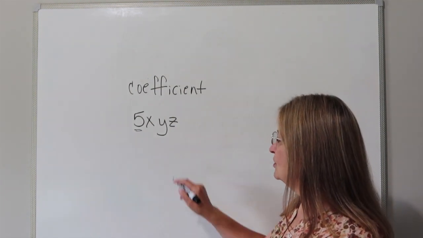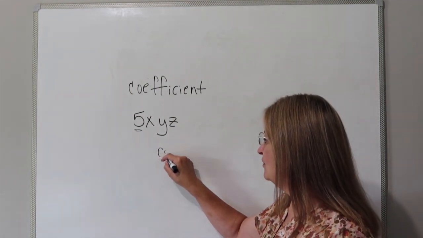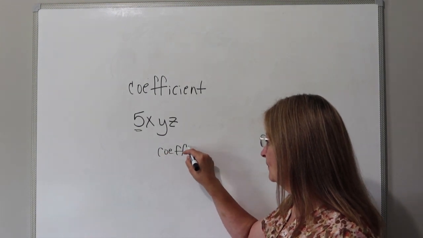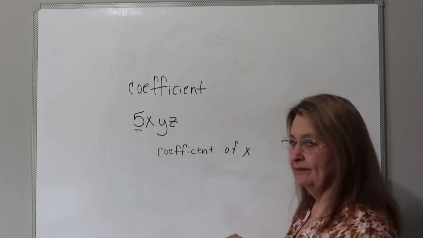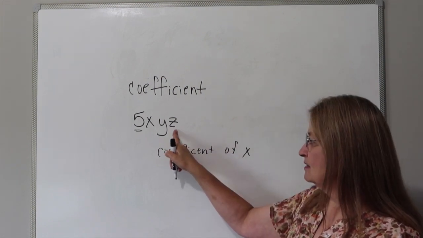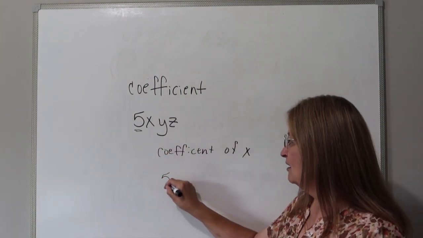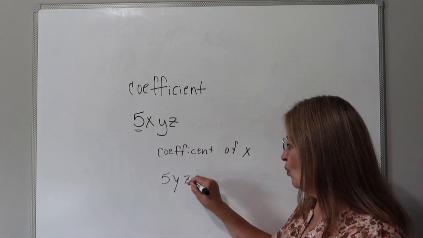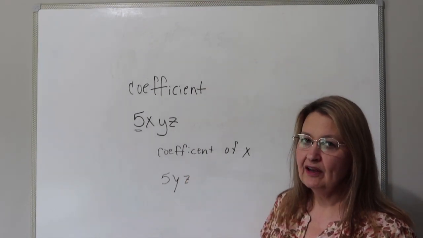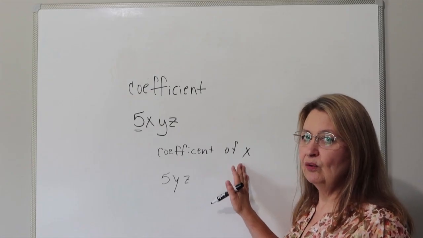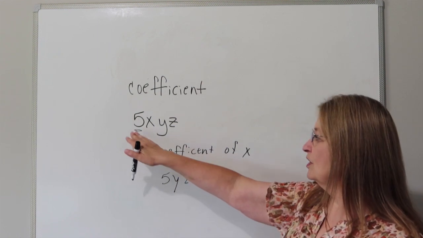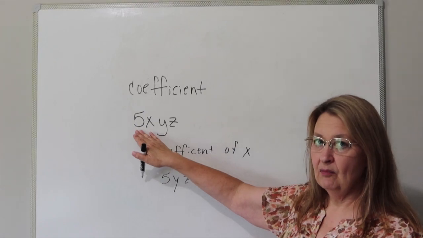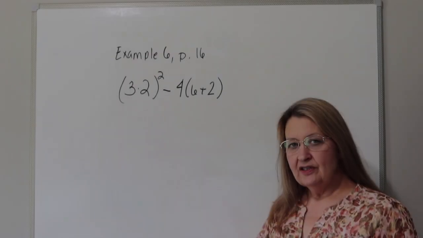So if a question says, what is the coefficient of x? Given this, it would be 5yz. It's whatever's left over. But if you're not told something like "of" after coefficient, we're just going to assume that we're talking about this number right here. Okay, let's look at some examples.